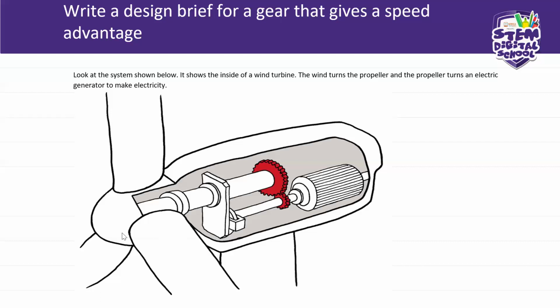But now looking at this system and looking at where the input is, the input starts here on the blades. The wind turns the blades. So if the wind turns the blades, it will make a rotation on the bigger gear. So the bigger gear in this case is the driver.